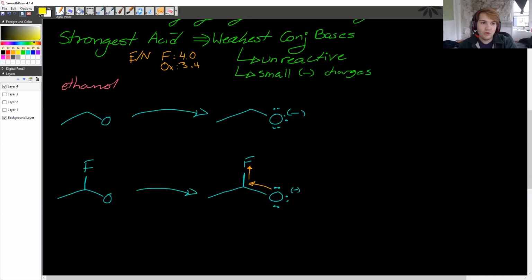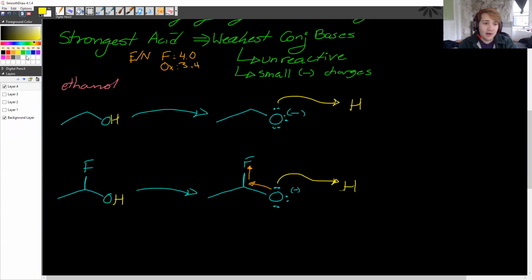So remember how I said that weak acids are ones that reach out and grab that hydrogen that got away, right? So which do we think is the weaker base? The one with the big, strong negative charge, or the one with the tiny little baby negative charge? Which one's stronger? It's going to be the full charge, right?